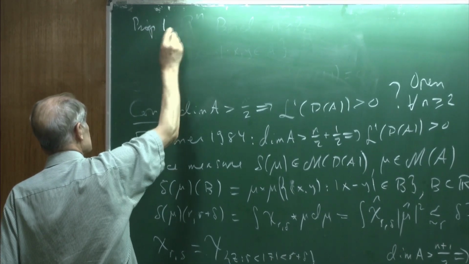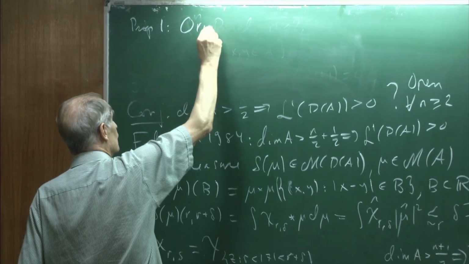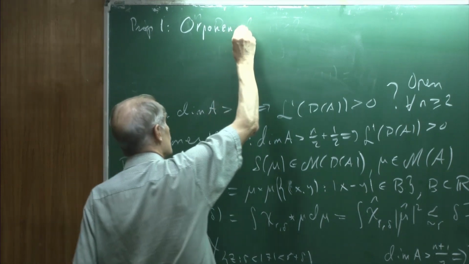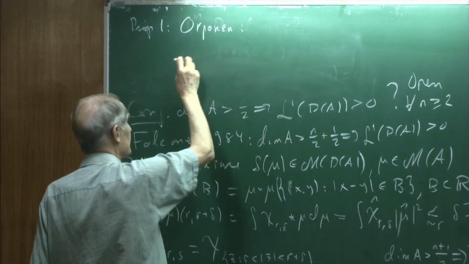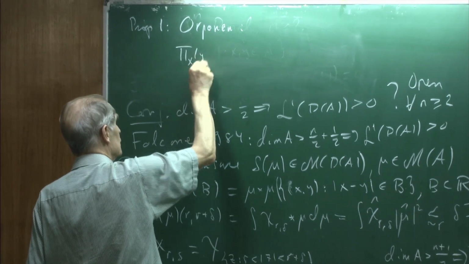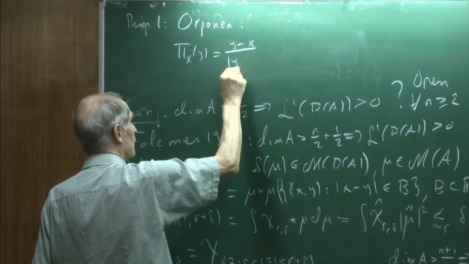So for proposition 1, one uses Tuomas Orponen's radial projection theorem. If you look at radial projections from x, this is y minus x divided by the norm of y minus x.